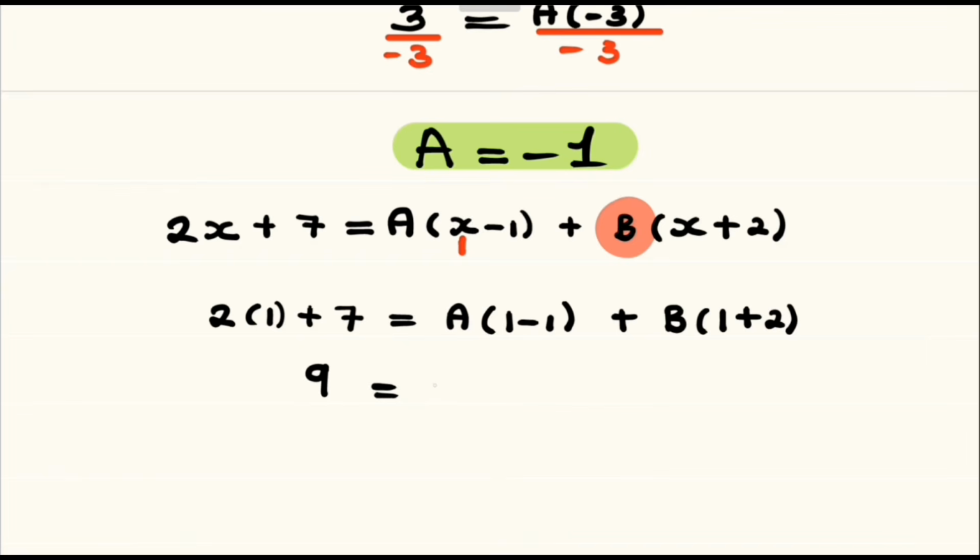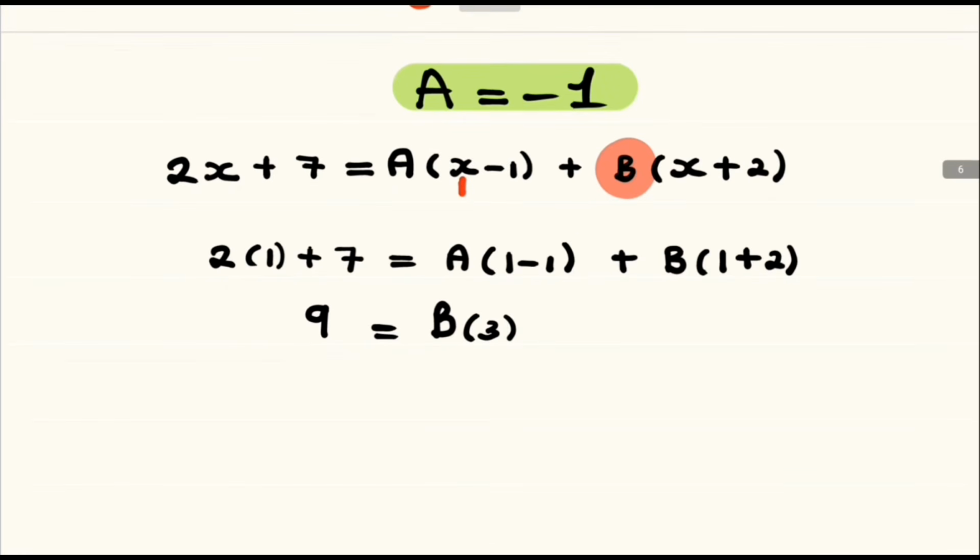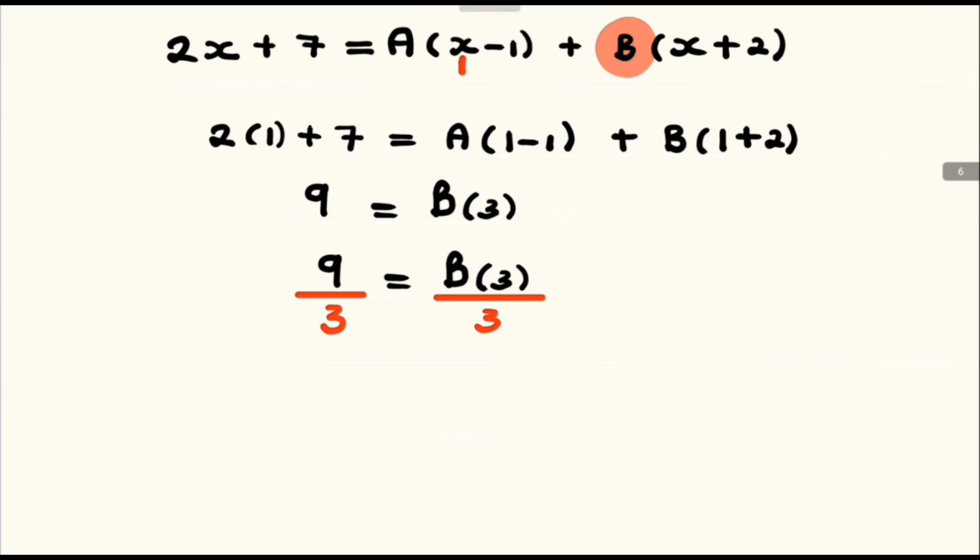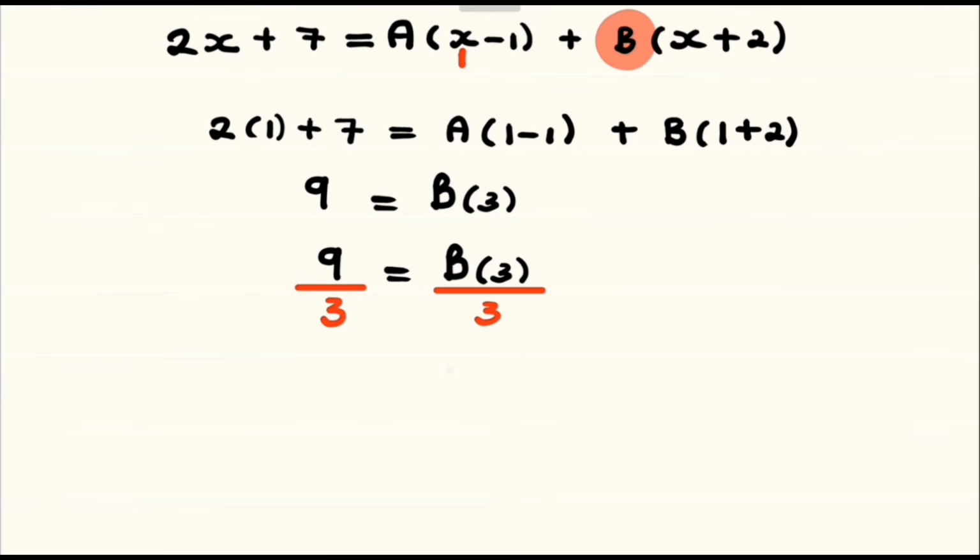So we have now b into 1 plus 2, which is 3. So we are going to divide both sides of the equation by positive 3 in order for us to make the b the subject of the formula. So 9 divided by 3 is 3. So the numerical value of b is equal the 3.